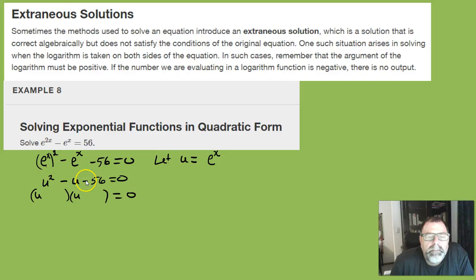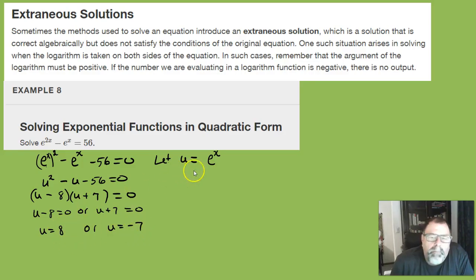Factors of 56 that subtract to 1, so that's 8 and 7. Bigger one's negative, signs are opposite. So we get u minus 8 is equal to 0, or u plus 7 is equal to 0. So we get u equals 8, or u equals negative 7.